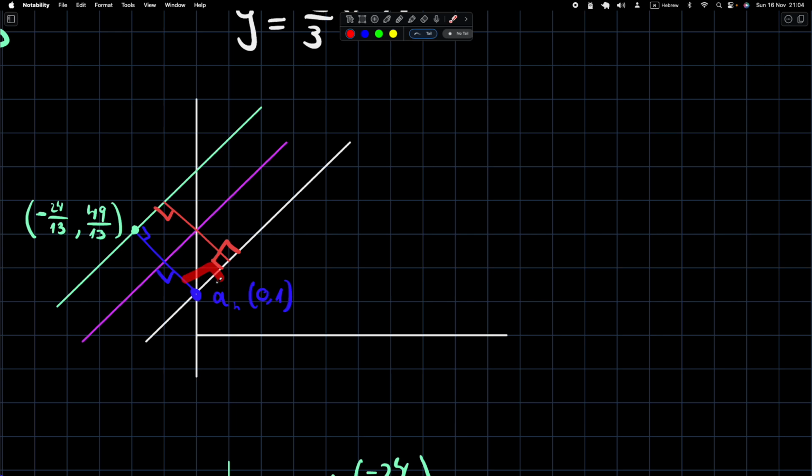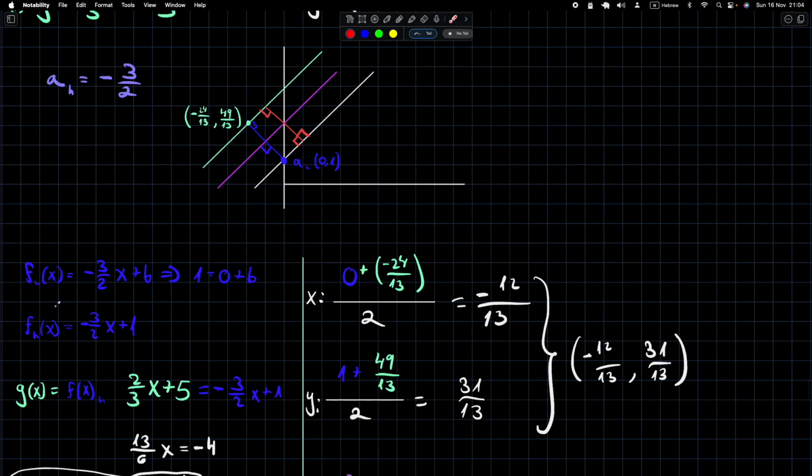So I know the product of the slopes is minus 1, I know this slope, so it's really easy to get the other slope. After I get the slope and I have this point, I can build the equation for this line. And when I have the equation for this line, it's really easy to find this point. So that's exactly what I did.